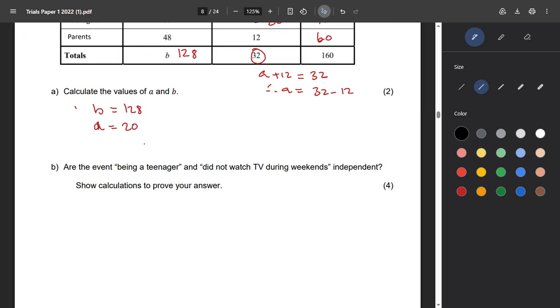If you find that the probability that a teenager and, how can we do this? How can I call this?